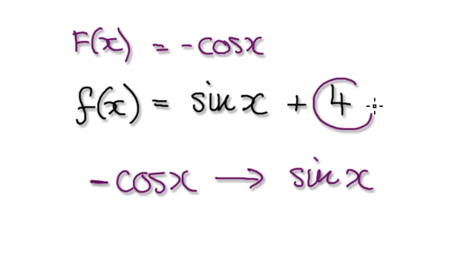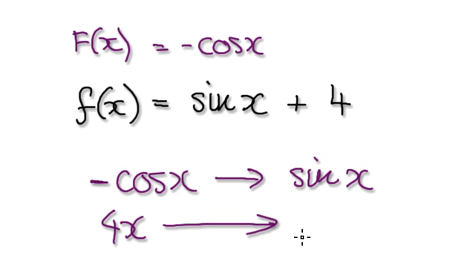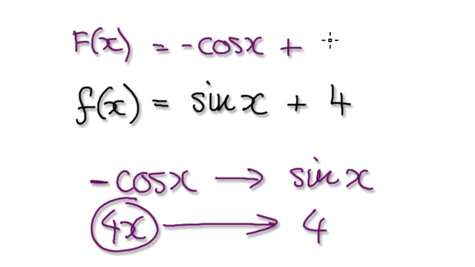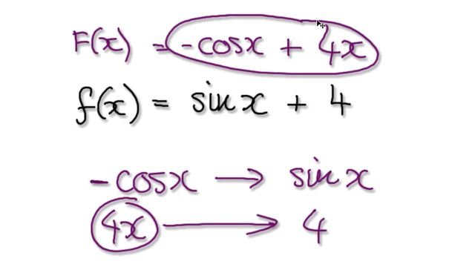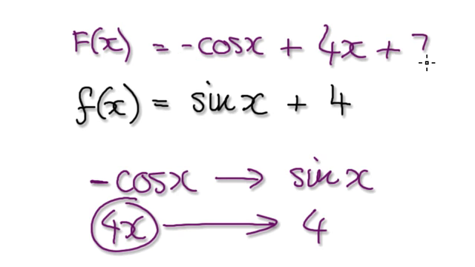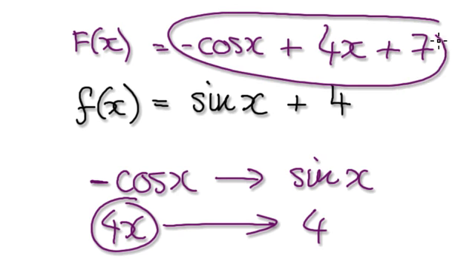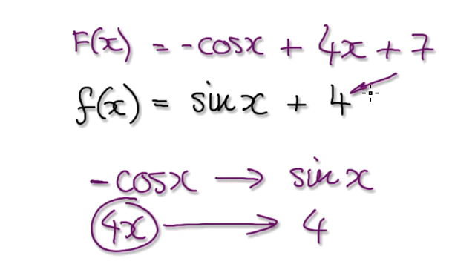Okay, and then here, what differentiates to a 4? Well, it's going to be 4x. When you differentiate 4x, it will give you 4. So this part here will be this 4x. But if you think about it, if you add a constant to the whole thing, let's say 7, this whole thing will also differentiate to this whole thing.